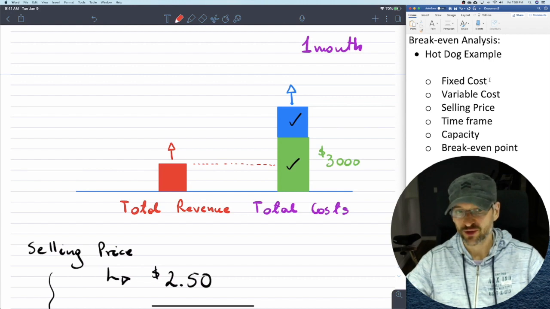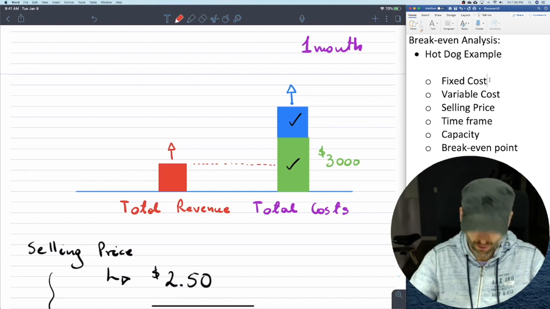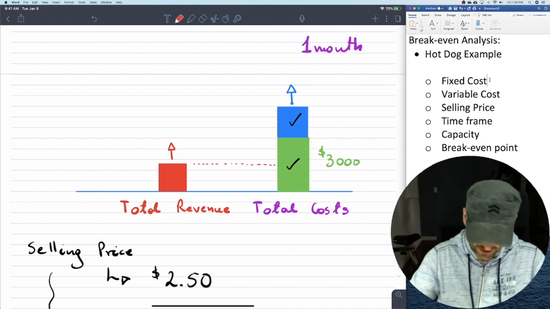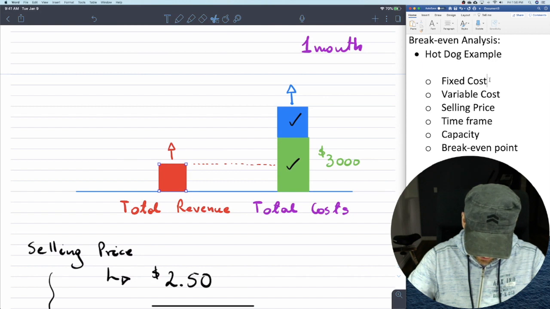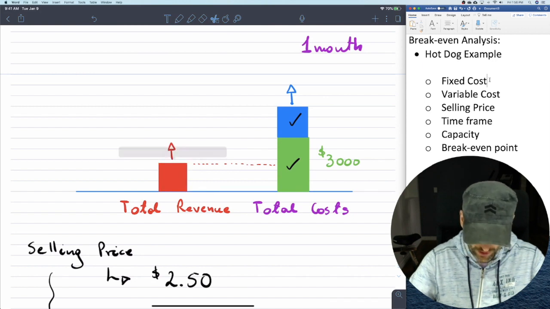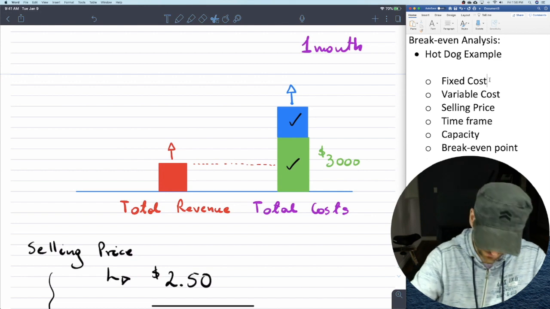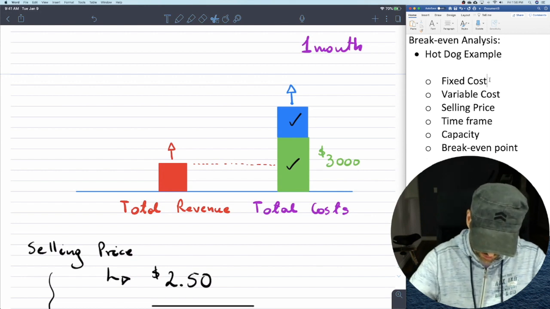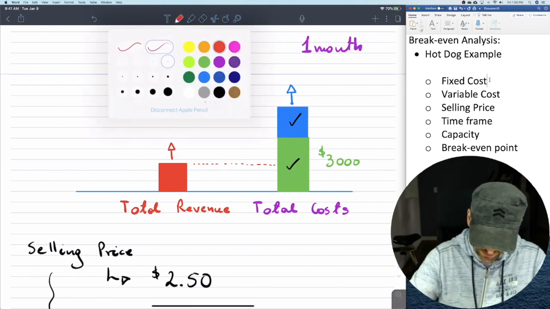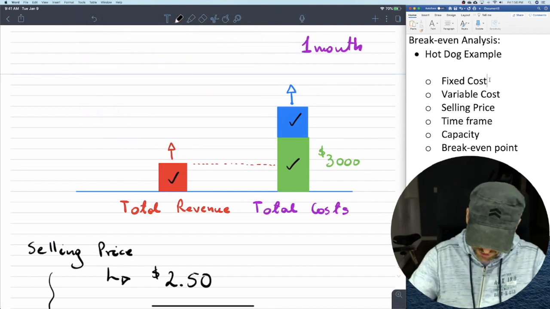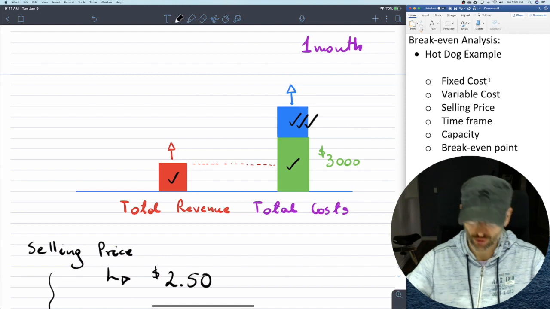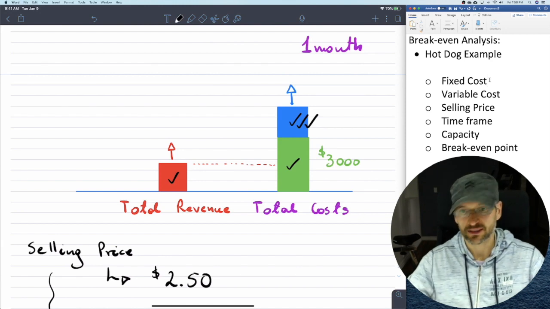So what I want to do is sell more and more and more, so that I make this grow further and further. More total revenue is going to bring in more money for me. Of course, it will also bring in more total variable costs, but the fixed costs will stay the same.